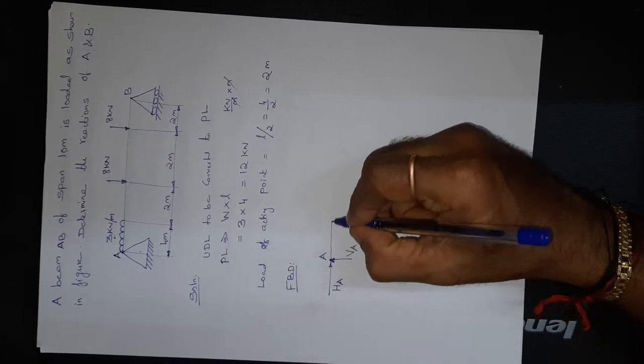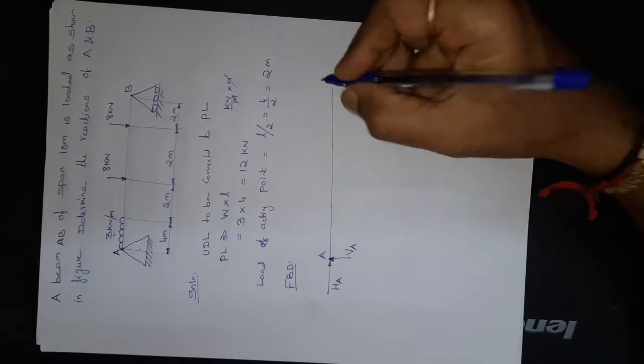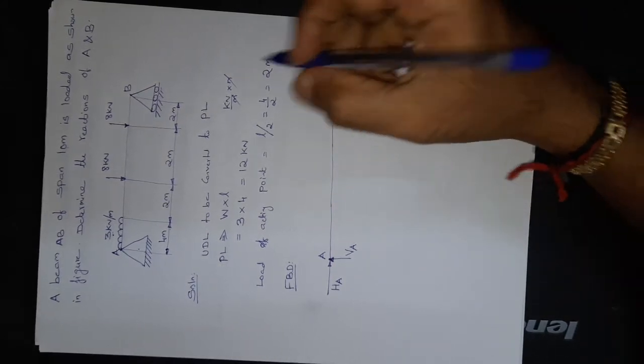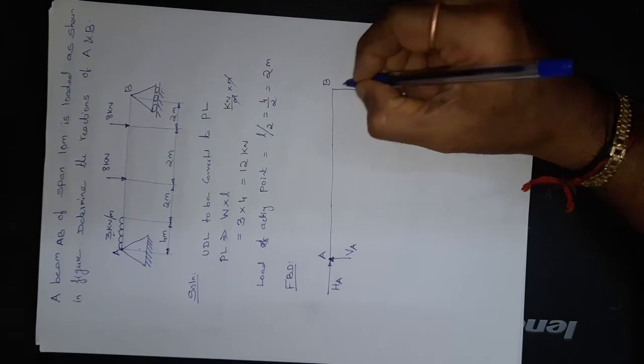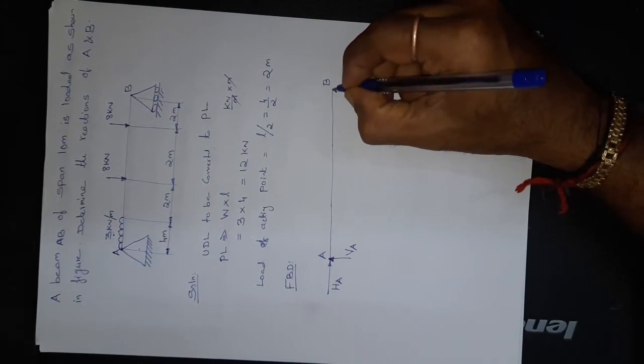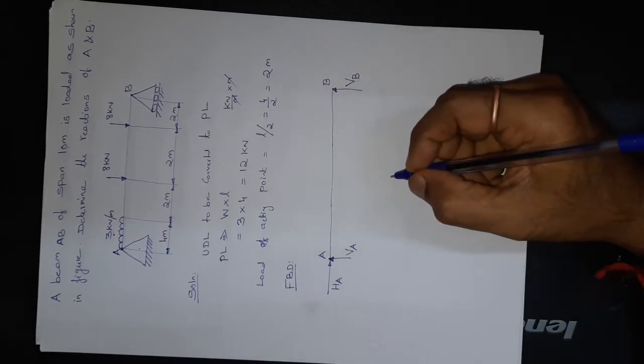Let me extend this beam up to B. At B there is a rocker, that is, the roller support, which will have only one vertical reaction, which can be mentioned as VB, the vertical reaction at point B, right?